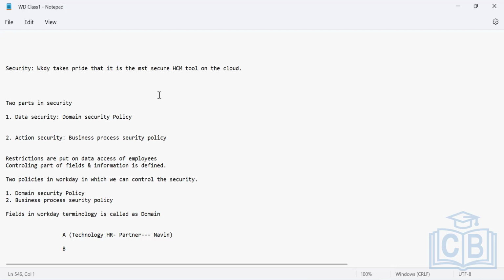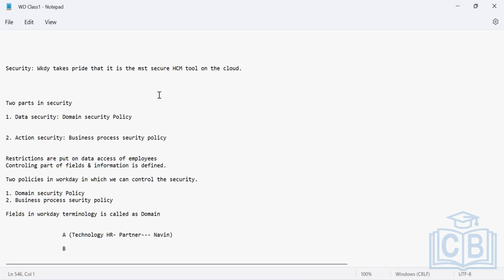And then we have our internal security team, which will take care of the internal application and all those things. So we have two parts in that. One is your data security, and the second part is your action security. When I say data security, it is basically your domain security policy.